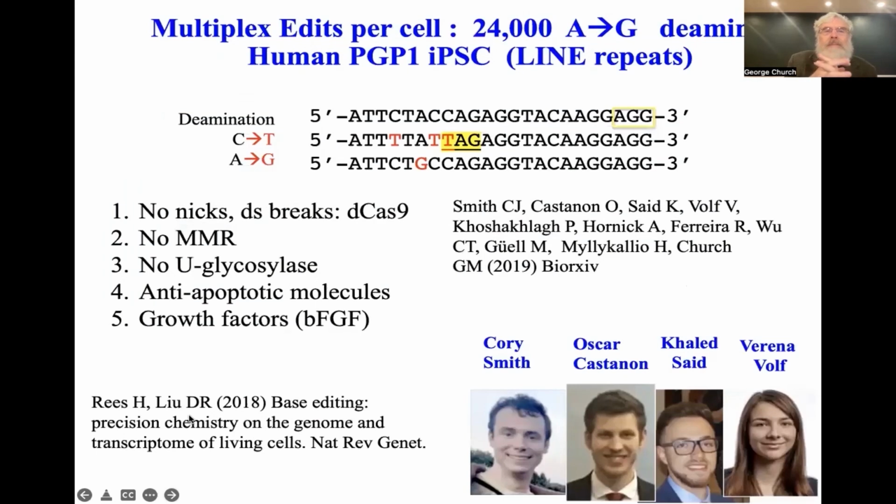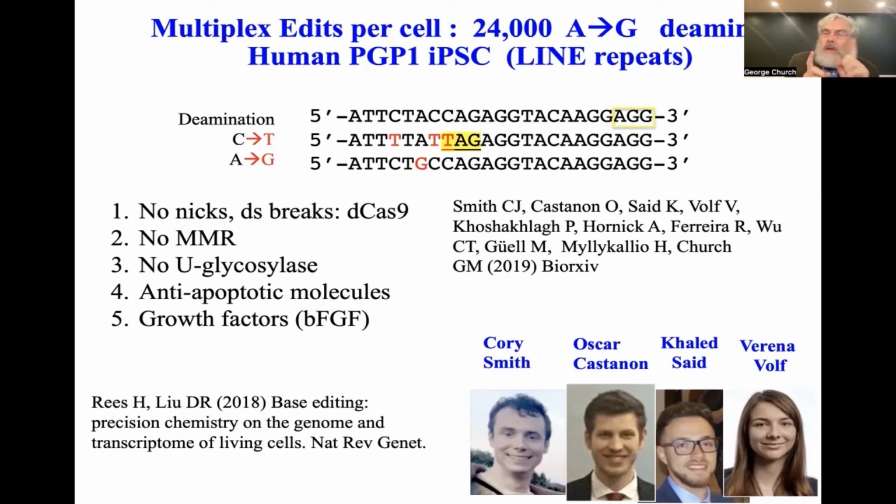So we finally have settled on deaminase of A to G as our favorite way of getting very high number of edits per cell. These are LINE elements, which is 24,000, but we're, as I said, going to ALU elements and centromeres.